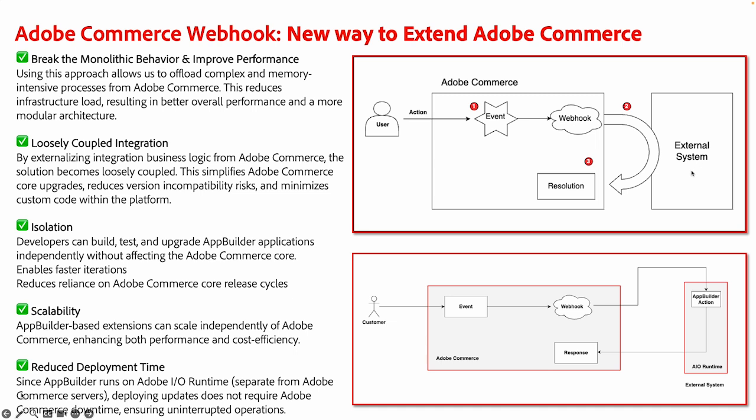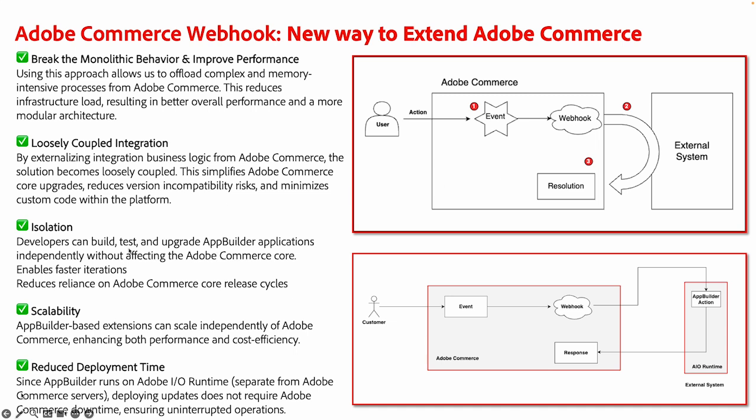It can be an App Builder action also, which is Node.js driven, and the logic, rather than being written in Adobe Commerce, we write in the App Builder action. This gives us the loosely coupled integration. This simplifies Adobe Commerce core upgrades, reduces version incompatibility risk and minimizes custom code within the platform.